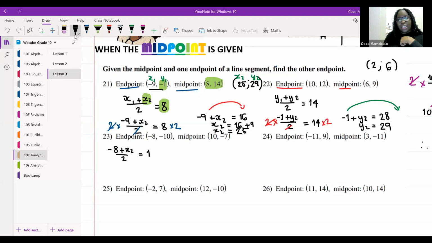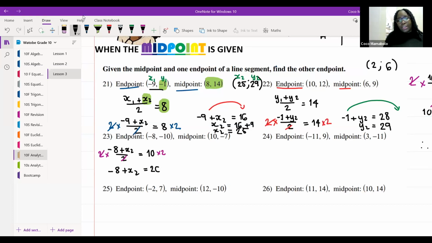That's it. Okay, good. My next step, Kamu. You are going to multiply each side by 2. Well done. These 2 will cancel. What do I have left? Negative 8 plus x2 is equal to 20.